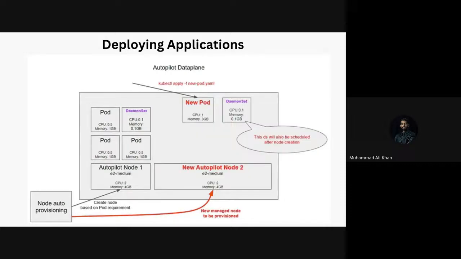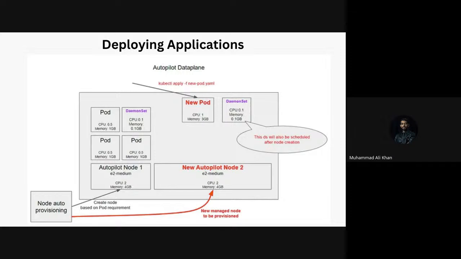The main difference between the EKS Fargate cluster and GKE Autopilot clusters is that the GKE Autopilot cluster allows you to deploy daemon sets, since GKE Autopilot works on the concept of node auto provisioning to manage your infrastructure. It just deploys a separate node, like an E2 medium node.